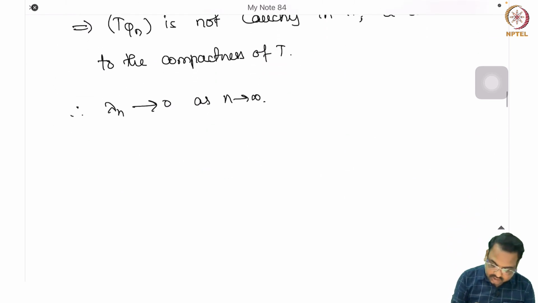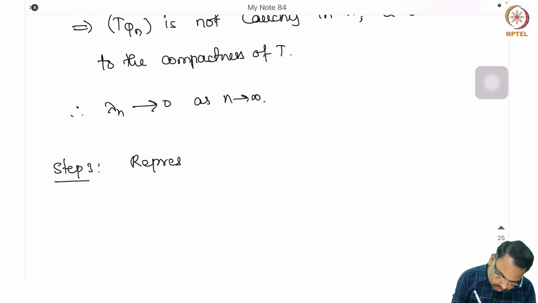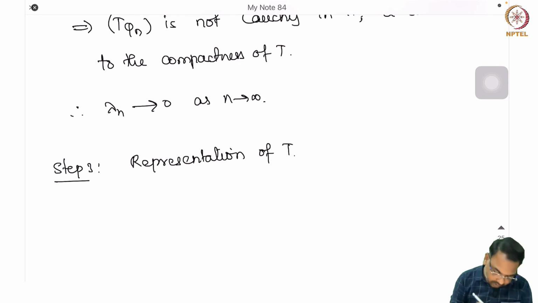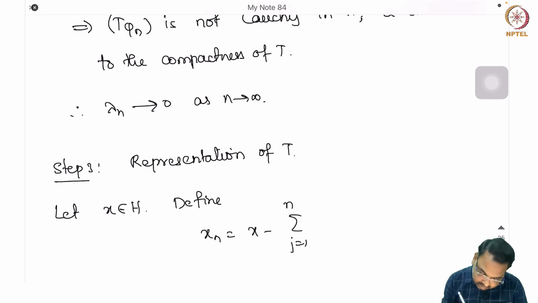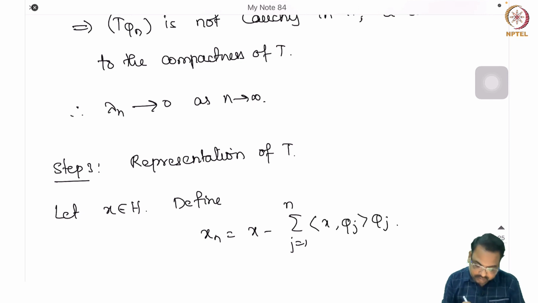Now step 3 is the representation of T. Let us take x from H. So define xn as x minus summation j equal to 1 to n inner product x with phi j multiplied by phi j.